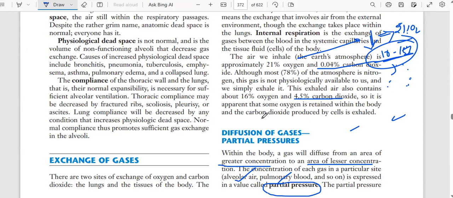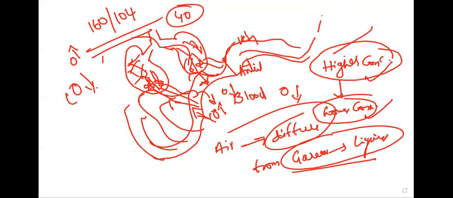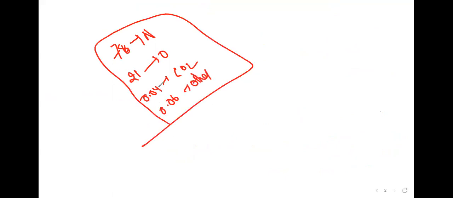In this universe, we have a number of gases: 78% nitrogen, 21% oxygen, 0.04% carbon dioxide, and 0.06% others.